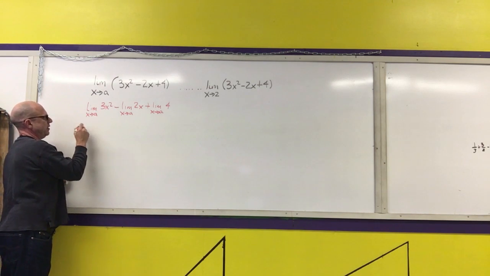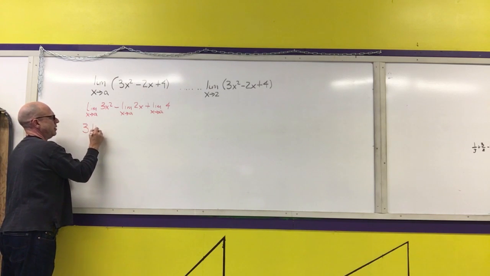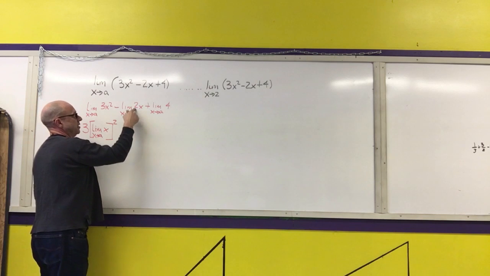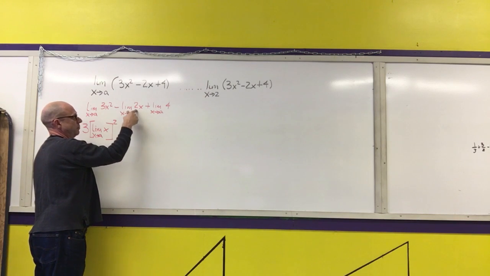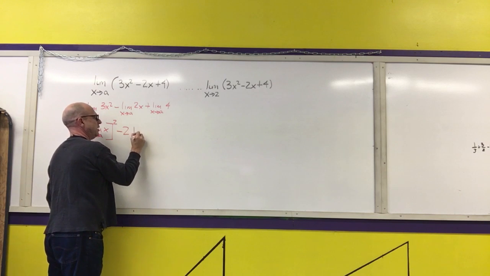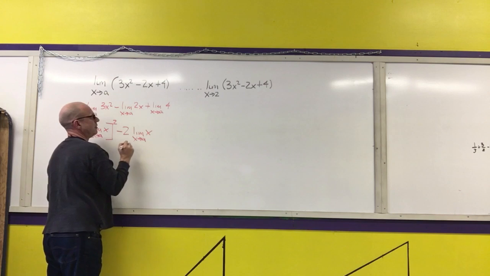So we can rewrite this as 3 times the limit as x approaches a of x raised to the second power. This is a constant times a function, so I'm going to pull the constant out in front. So it's minus 2 times the limit as x approaches a of x.